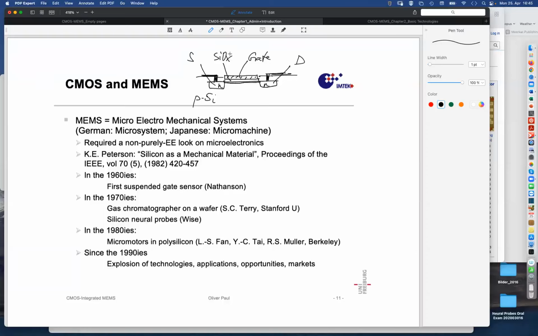And it worked. So this was the suspended gate sensor, which was able to detect vibration because the chip below was shaken, this gate was moving, and so this was the first motion sensor or mechanical sensor, where the gate material, which was at that time, or for many years, polysilicon.